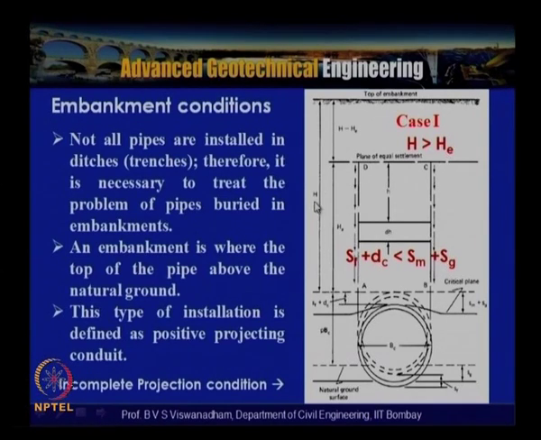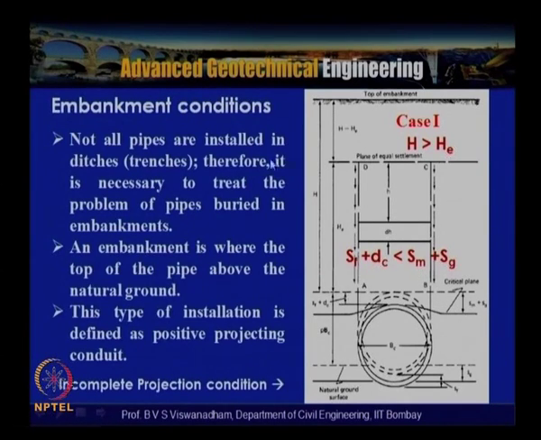In this case H is greater than He, and SF plus DC, where SF is the settlement of the fill and DC is the deflection of the pipe, is less than SM plus SG.